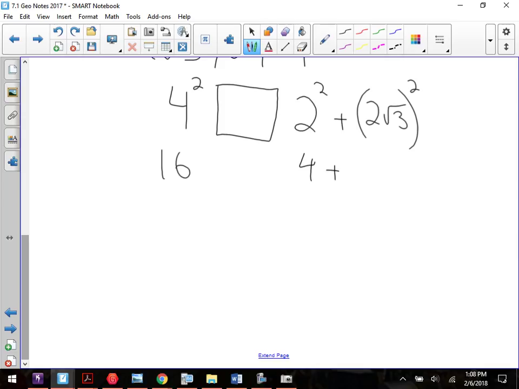What's 2 times 2? 4. What's 3 times 3? Square root of 9 is? So you get 4 plus 12, which is 16, so therefore, what kind of triangle is it? Right. This actually is another one of our special right triangles.